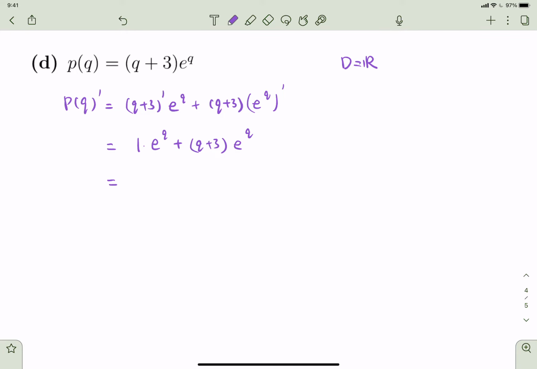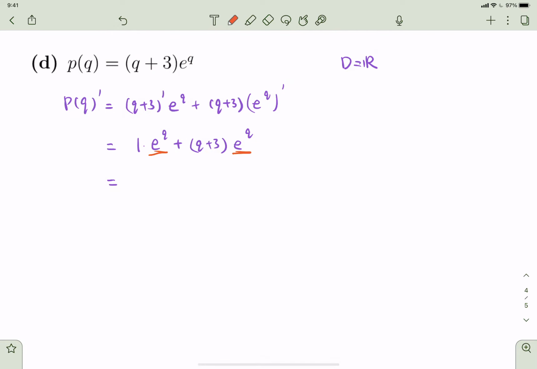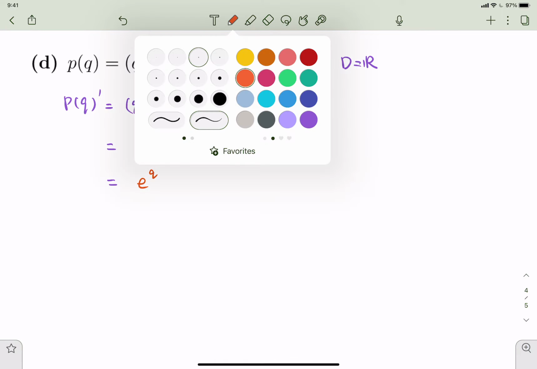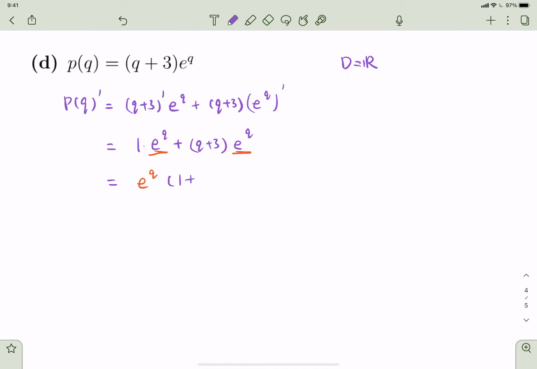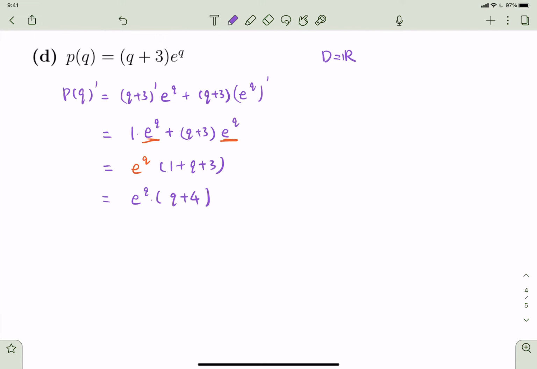And then simplify this a little bit, just factor out this e^Q, right? And we're left with 1 plus Q plus 3, which is e^Q times (Q plus 4). Okay, so that's the product rule.